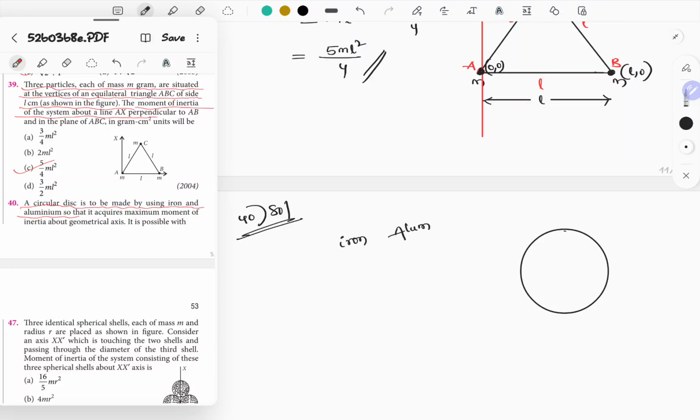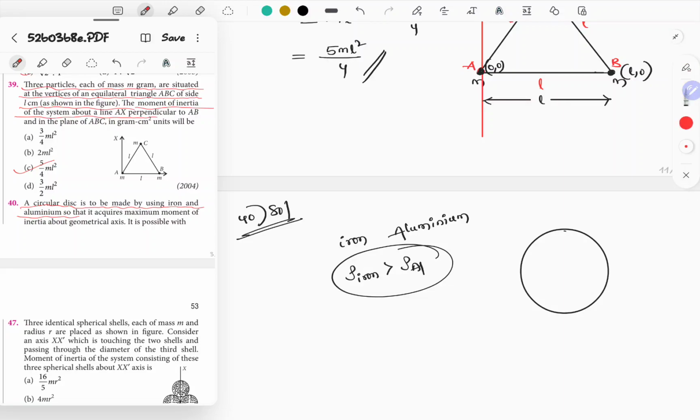Generally, whose mass per unit volume is more? In the sense, whose density is greater? Generally, the density of iron is greater than the density of aluminum. That means the mass per unit volume of iron is greater than that of aluminum.